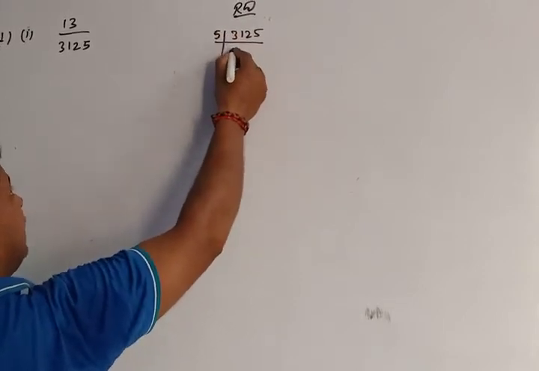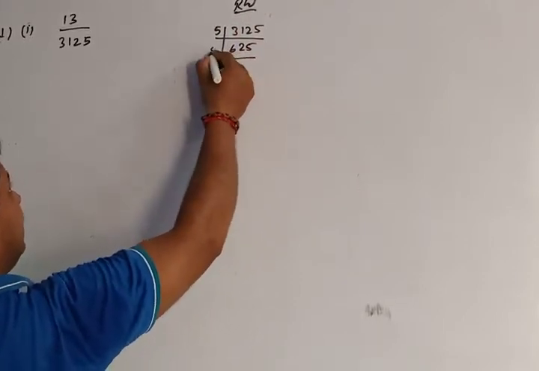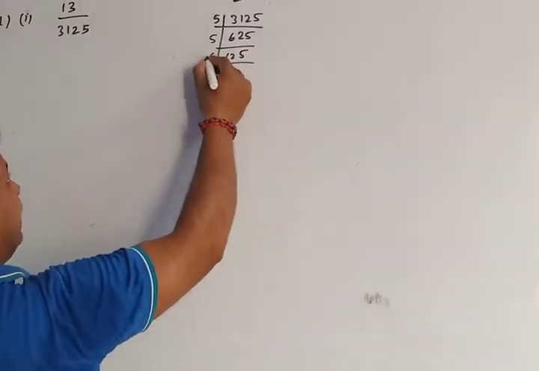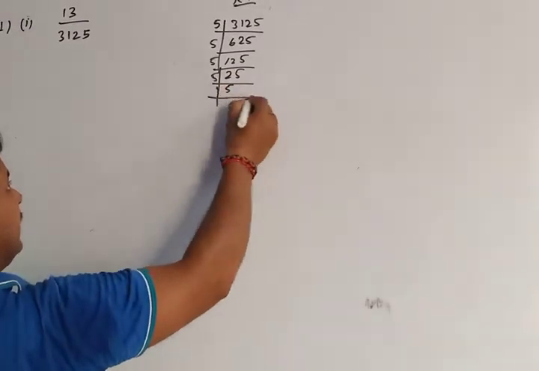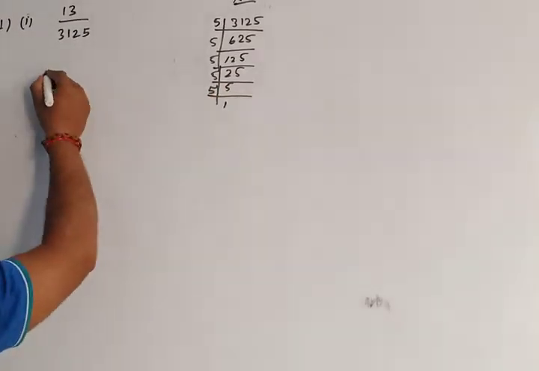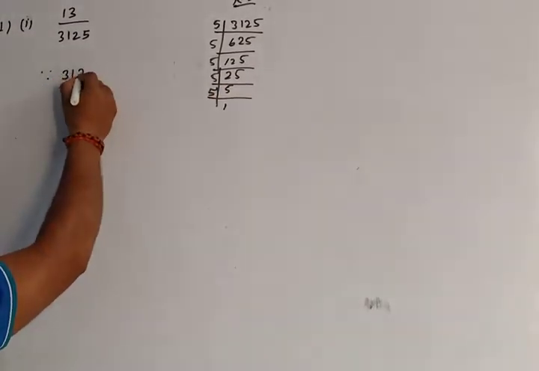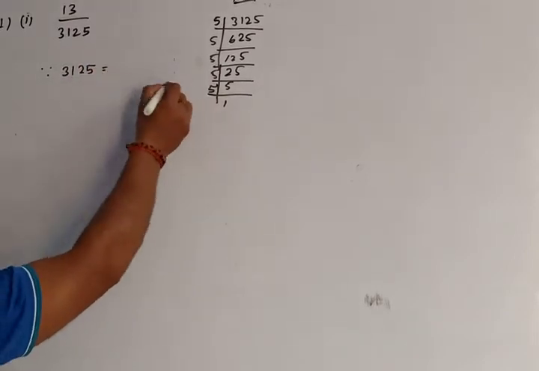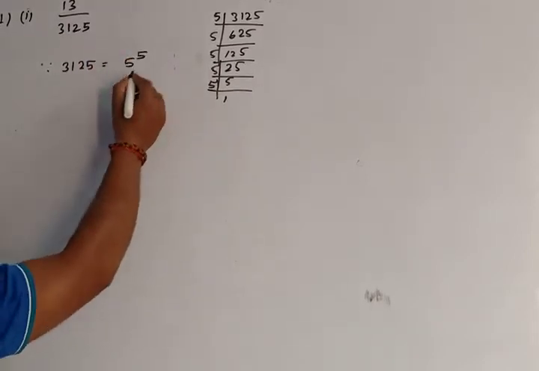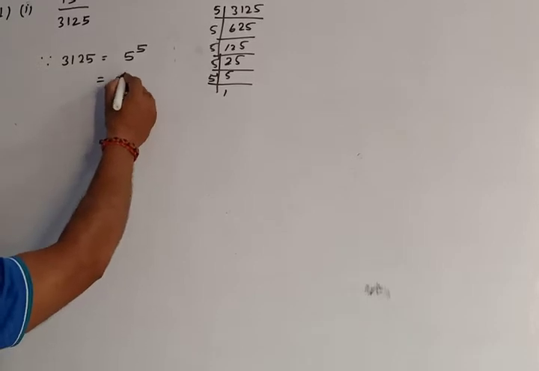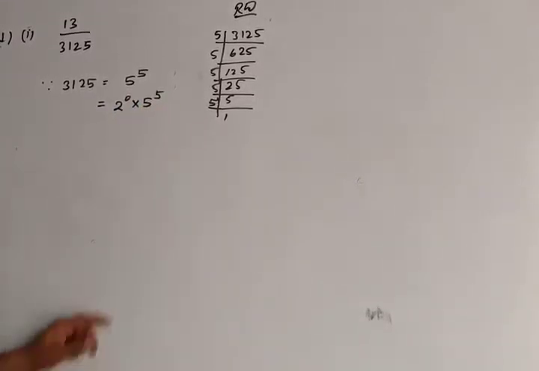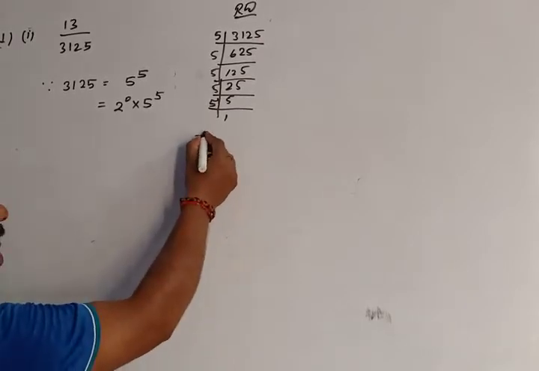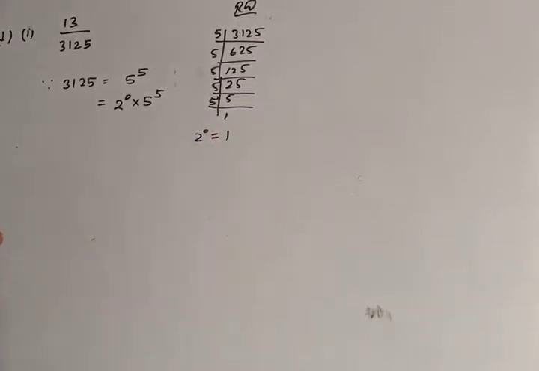It is divisible by 5, again by 5, again by 5, again by 5, again by 5. It means 3125 is equal to how many times 5? 5 to the power 5. It can be written 2 to the power 0 into 5 to the power 5, because 2 to the power 0 equals 1.